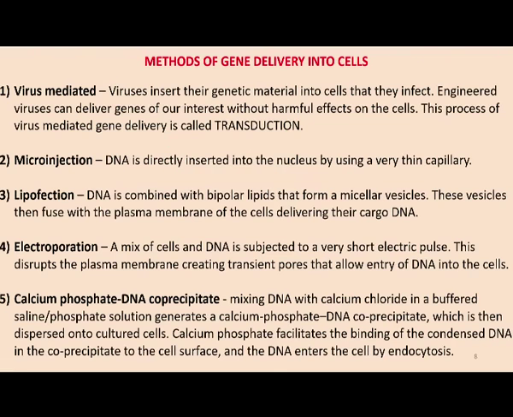Now, as you can appreciate, microinjection would have an efficiency which is almost 100%, because you have efficiently delivered the DNA into the cell. However, the drawback of this method is that you cannot do it for a very large number of cells, because as you can imagine, this is a manual process.